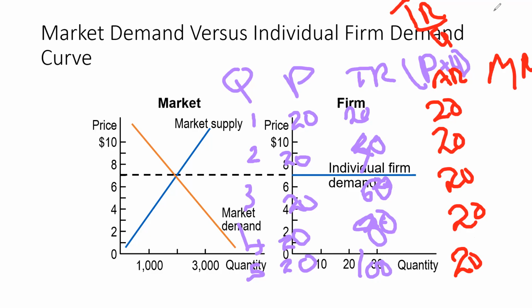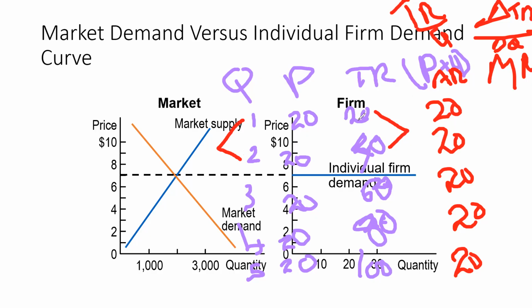Marginal revenue means delta TR divided by delta Q. To produce one extra unit and sell it, how much can we additionally derive as additional revenue?